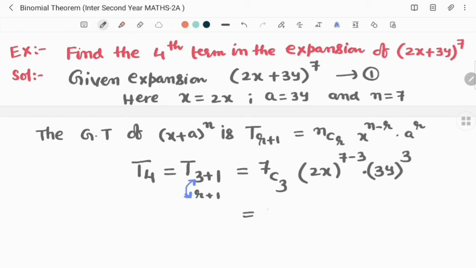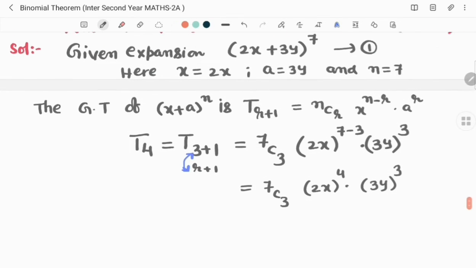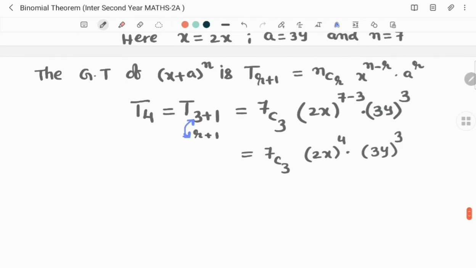So which is equal to 7C3 (2x) whole power 4 into (3y) whole power 3. If you want to write it like this, you can write 7C3 into 2 power 4 into 3 power 3 into x power 4 into y power 3. That's the fourth term of the expansion.